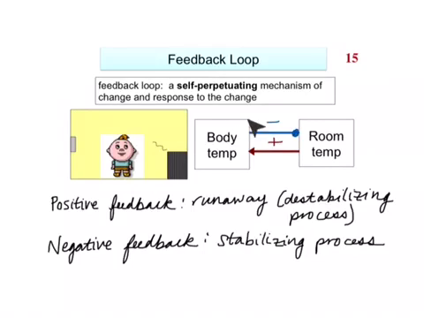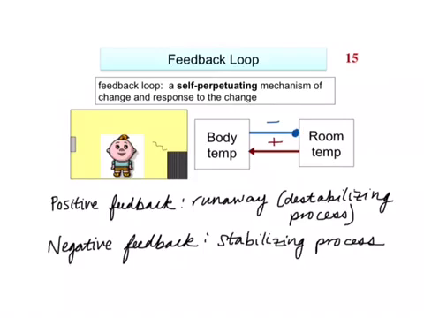So we could go from body temperature to room temperature and then back to body temperature, and multiply the sign of the couplings that we encounter as we traverse this circle to determine whether it's a positive feedback or a negative feedback. So if we go around this circle, we have a negative sign, which we could interpret as a -1 times a +1. And the result here, the product, is a -1. And so we know that this bidirectional feedback represents a negative feedback.